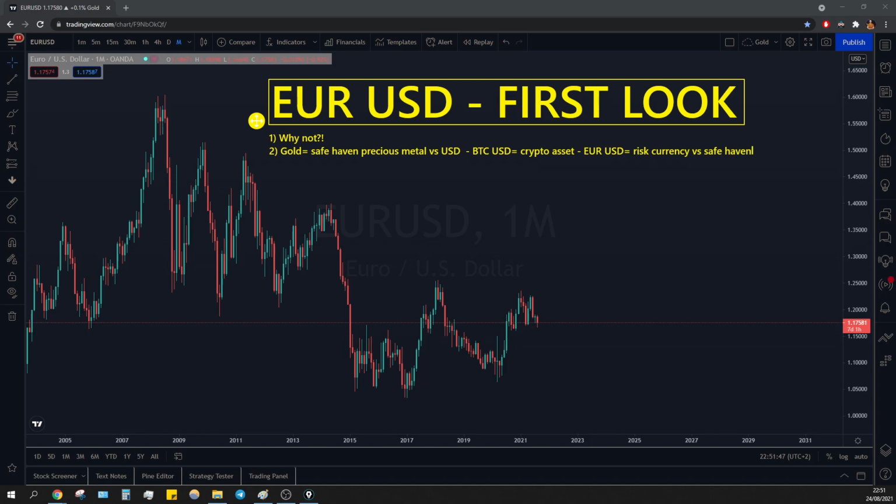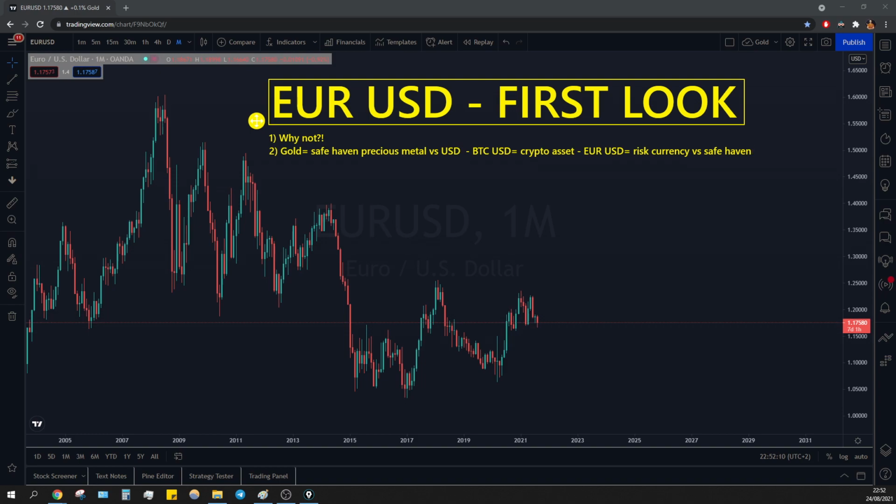Trading euro dollar is not like trading gold against dollar, because euro is the risk currency where investors put money when they are more willing to risk, versus USD, which is a world reserve currency.